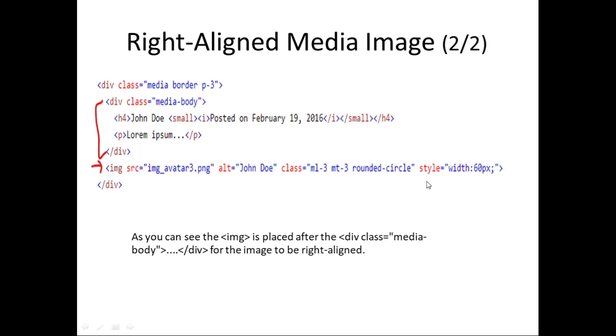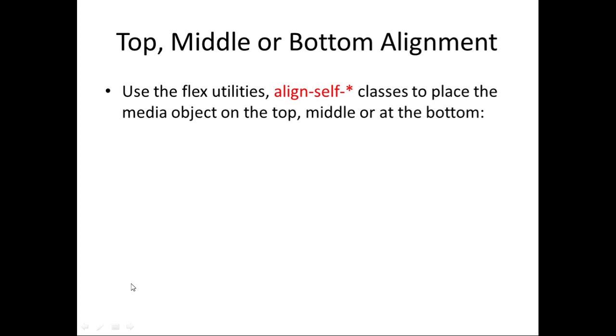Now we can also align the image at the top of the container, at the middle, or at the bottom. Use the flex utilities align-self classes to place the media object on the top, middle, or at the bottom.